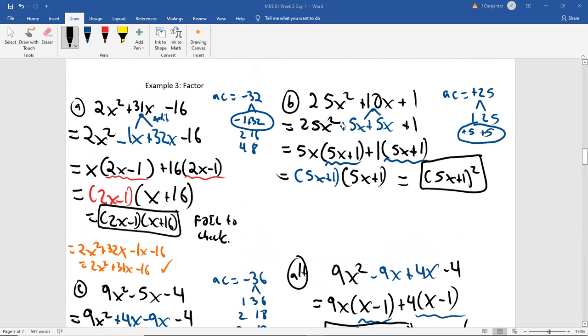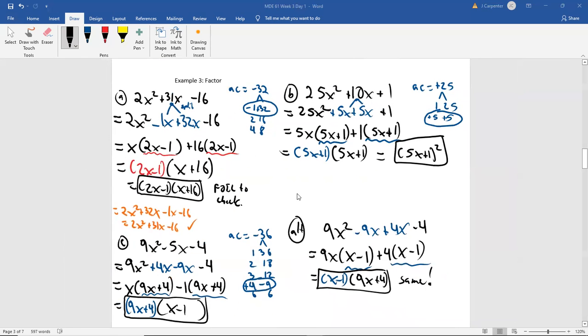Sure. I'll do this in case anyone else was still writing. So we'll zoom out. Give you another 60 seconds.